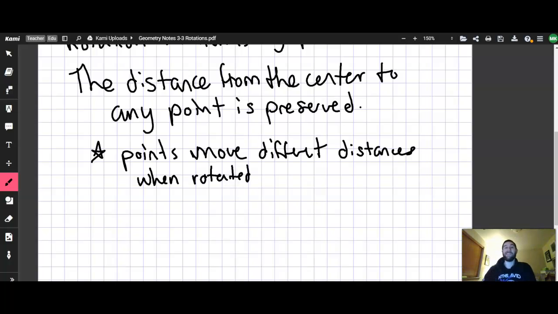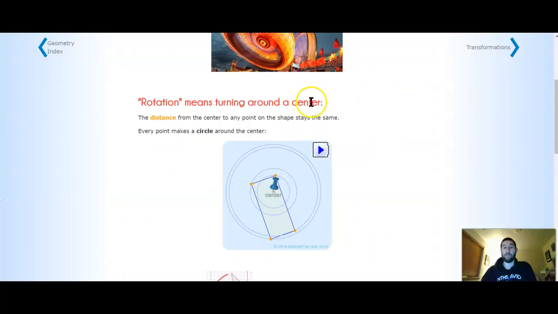So the distances themselves are different, even though the distance from the center stays the same.